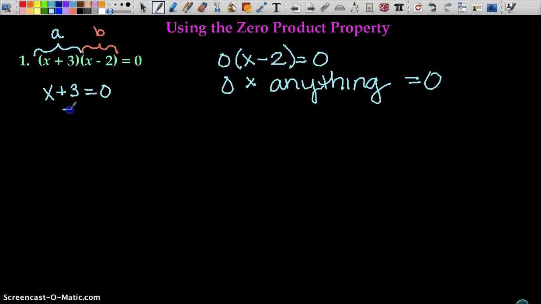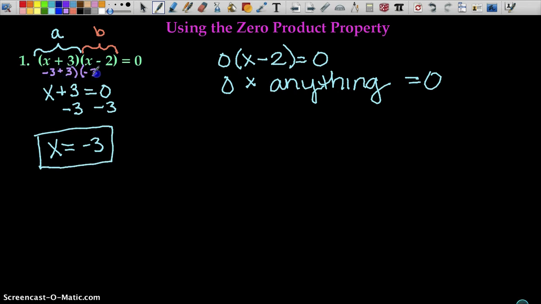So if we subtract 3 from both sides, we get x is negative 3. Okay, so there's one answer. If we put negative 3 in, negative 3 plus 3 times negative 3 minus 2, if you look at this first set of parentheses, you end up getting 0 times negative 5, which is just 0.